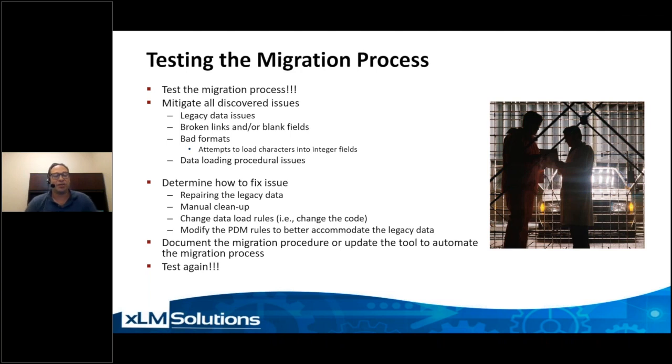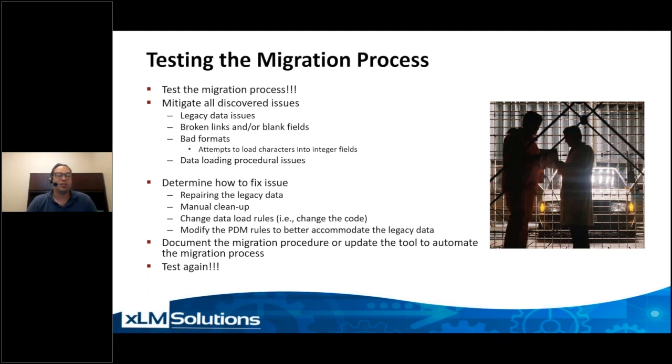Maybe it's your loading procedure, where you're setting the created by field, or in 3D Experience, the owner field, but the users don't already exist in the system. So you need to make sure you load users before loading items.